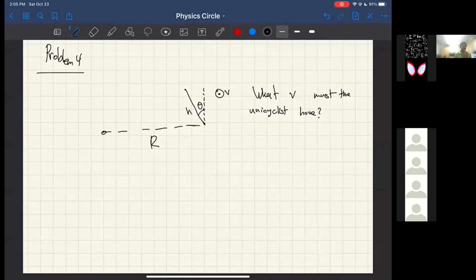Any ideas? Somebody says we need to balance torque, and that's correct. But the problem is that you can only balance torques for rotational stuff in certain cases, because this thing is moving in a circle, so it's much more complicated.